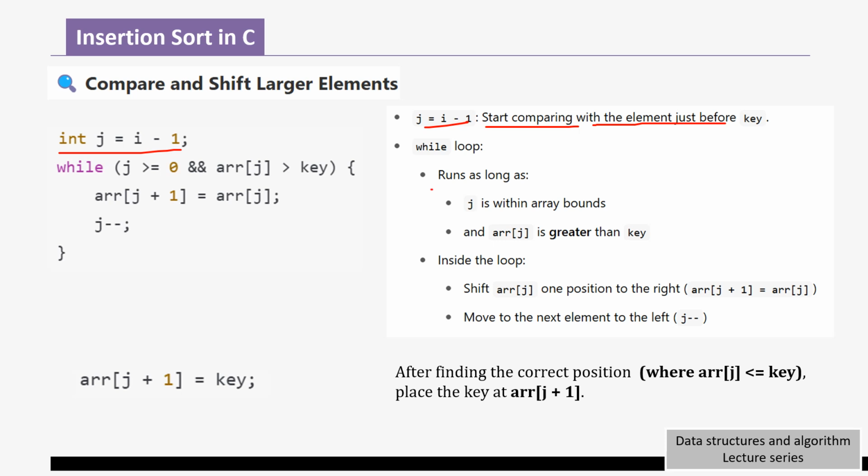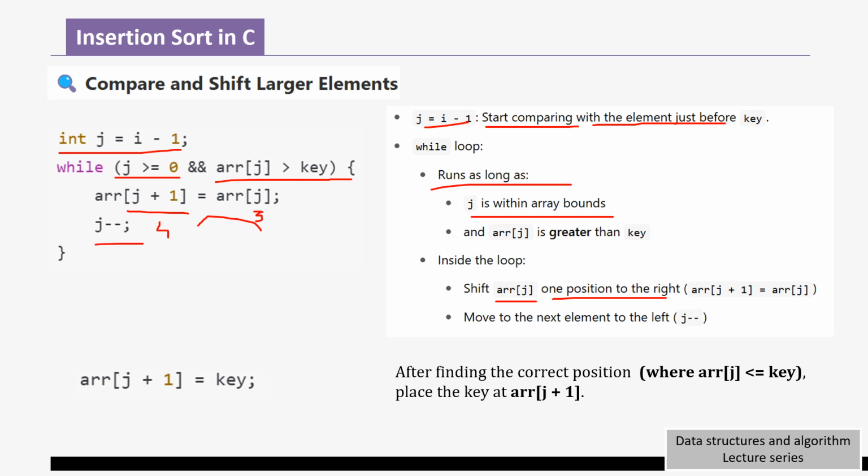So the while loop runs as long as j is within array bounds, that is, j is greater than or equal to 0 and arr[j] is greater than the key element, right? So inside the loop, shift arr[j] one position to the right, that is arr[j + 1]. So if this is 3 and this is 4 basically, then the larger element will be shifted to the right side, right?